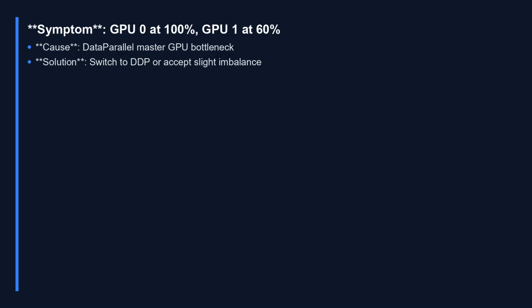GPU 1 finishes its compute share and then waits. This imbalance is inherent to DataParallel's architecture. If this utilization gap bothers you, switching to DDP eliminates it. If 1.7 times speedup meets your needs, the imbalance is acceptable. Your training is still faster than single GPU.